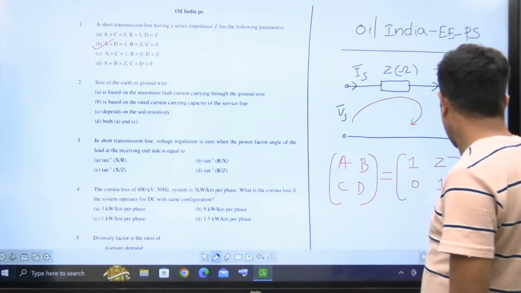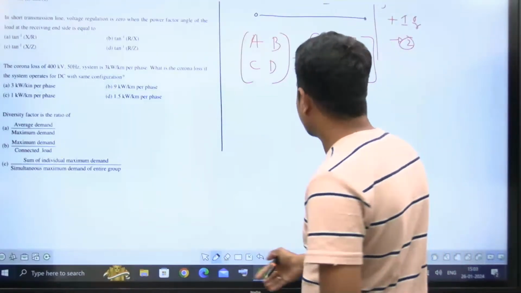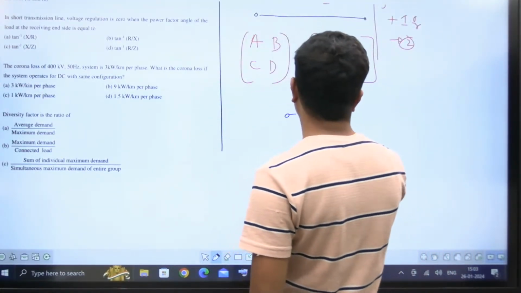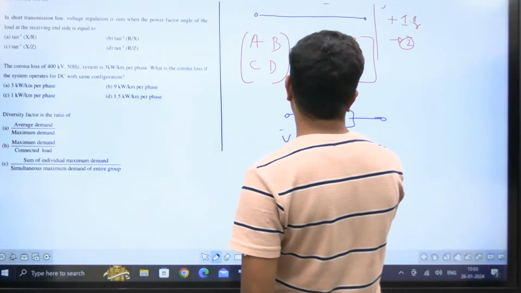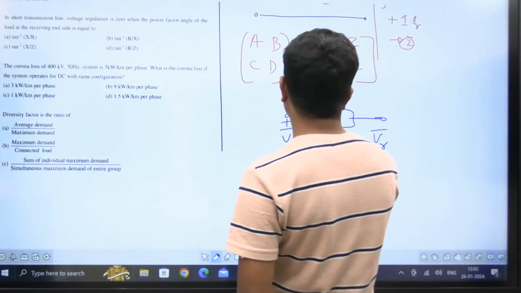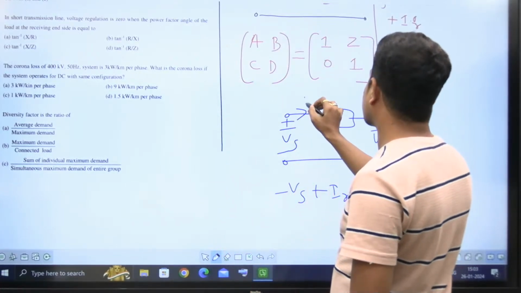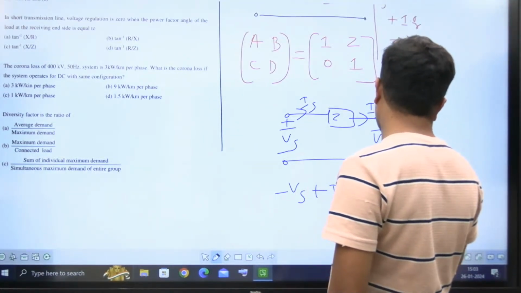If you want more clarity, I'll take up the simple derivation here. This is Z, this is Vs, this is Vr, this is Is and this is Ir. Writing KVL: minus Vs plus Ir into Z plus Vr is equal to 0.